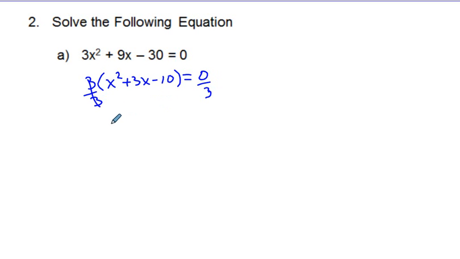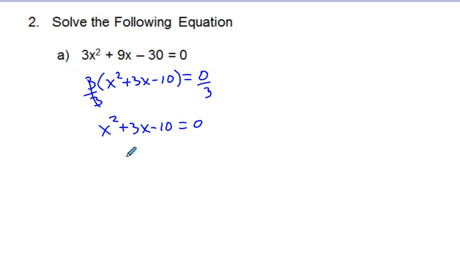And so what we're left with is x squared plus 3x minus 10 is equal to 0. And how do we solve this?